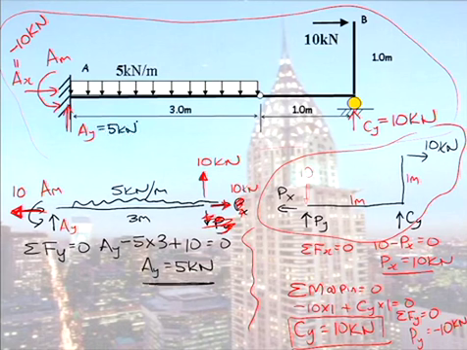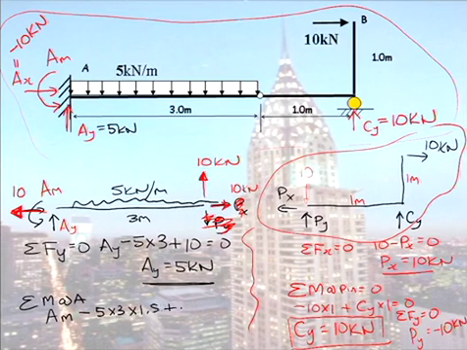And now the final thing I have to calculate is my reaction moment, AM. So I'll now take moments at A. And I do, of course, have my AM. That's what I'm trying to calculate. It's a moment going anti-clockwise. Then I would subtract the moment due to my uniformly distributed load, because that's going clockwise.